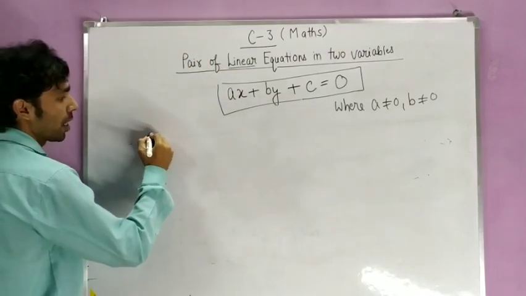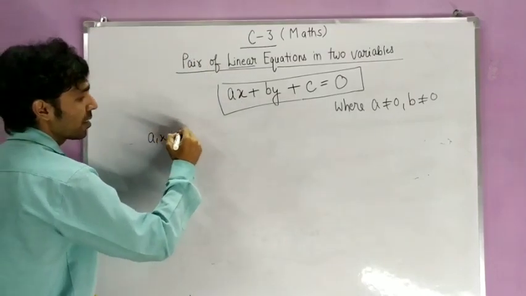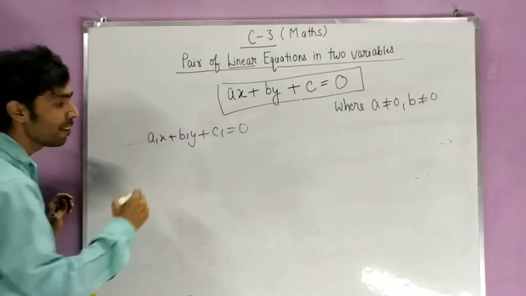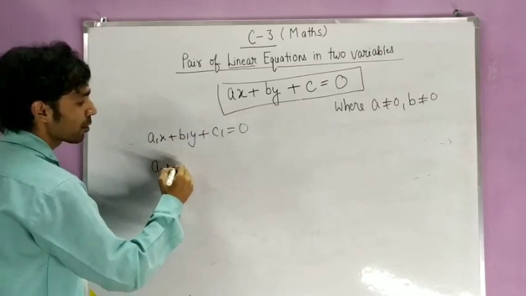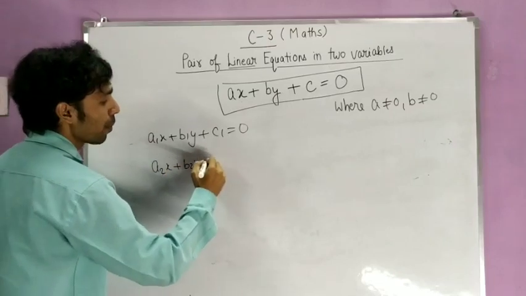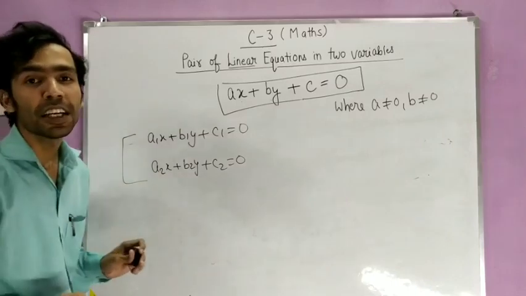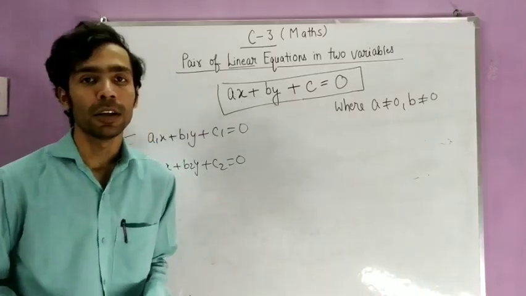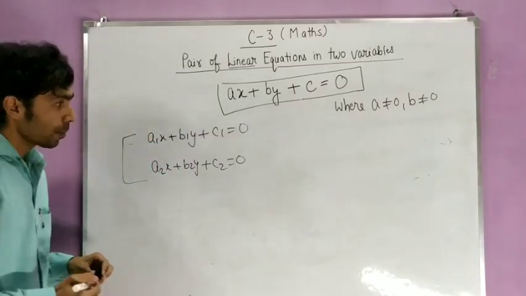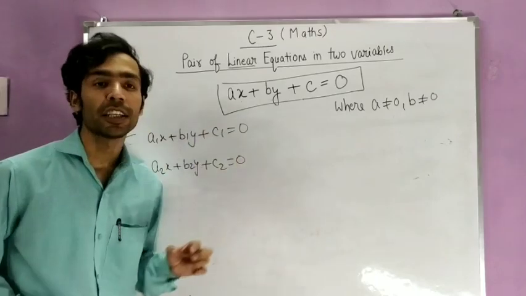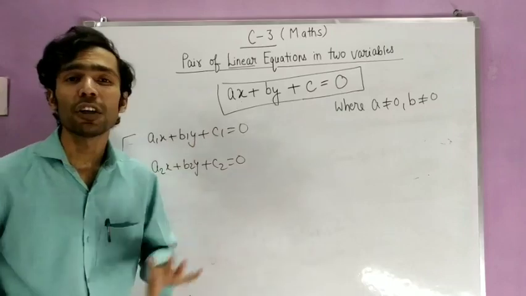See, a1x plus b1y plus c1 equal to 0, and the second one a2x plus b2y plus c2 equal to 0. This is the pair of linear equations in two variables. Okay, now for the individual case I will check why a1, b1 cannot be 0.